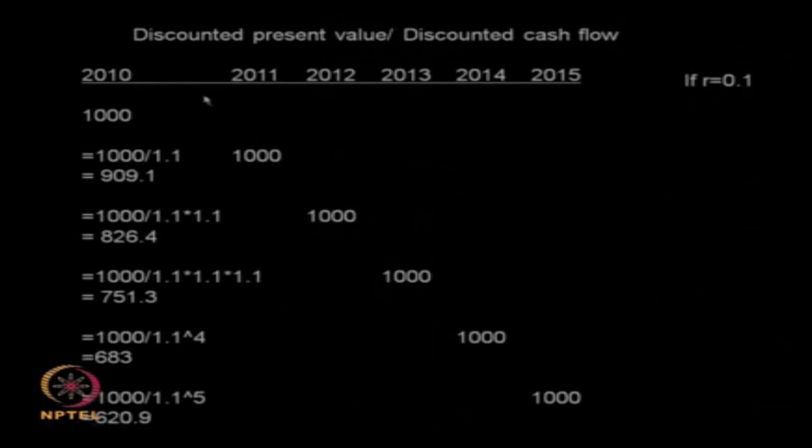So this table tells you how to calculate the discounted present value, and this also tells you the discounted cash flow. Somebody has promised you 1000 rupees for the next 5 years, so you are going to get 1000 rupees in those years, but if you bring it down to today's value, you will be getting only 909, 826, 751, 683 and 620.9.